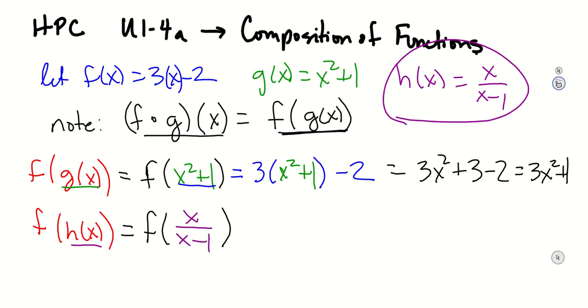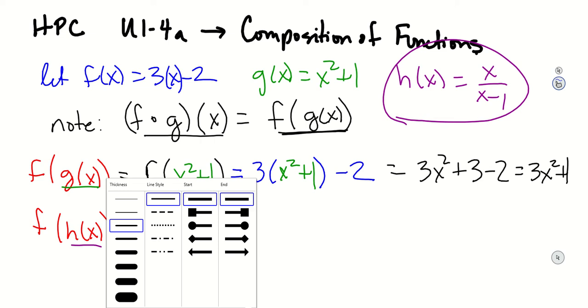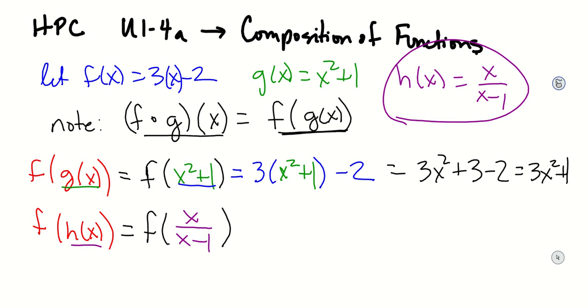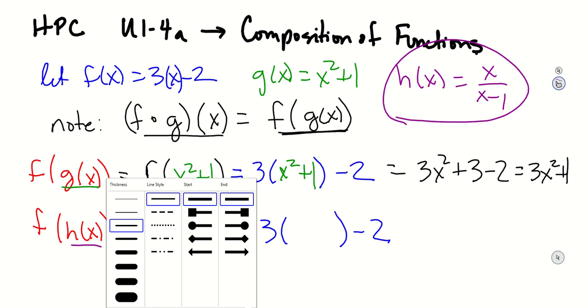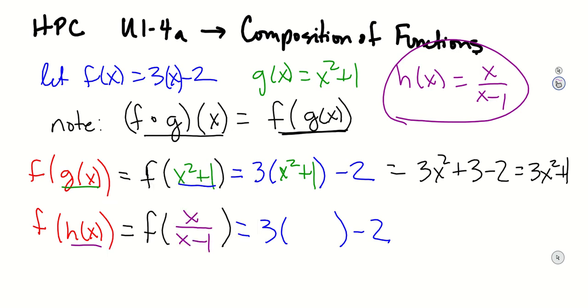Now we're going to go back to our f function, and f tells us again to do 3 times input minus 2. But this time our input is x over x minus 1.